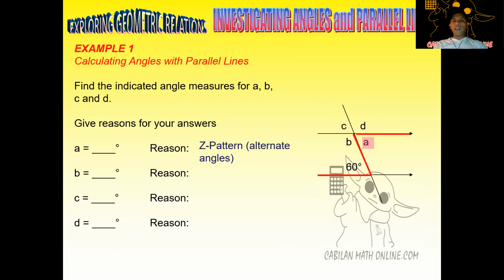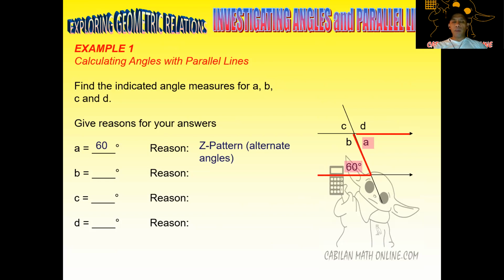So if you take a look at that, you'll notice that A and 60 degrees will be exactly the same. So that's how we did that measure. Now that we know that A is 60 degrees, you can solve for B, C, and D using various methods and not just sticking to one. There's more than one way to solve for different angles here.